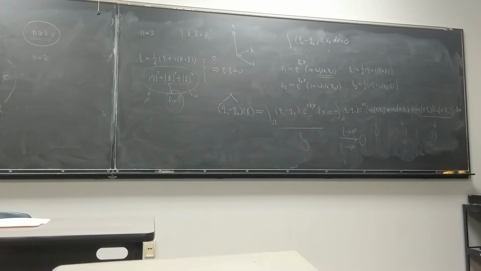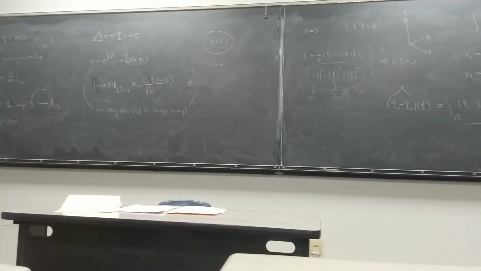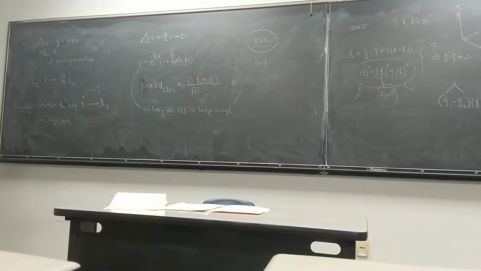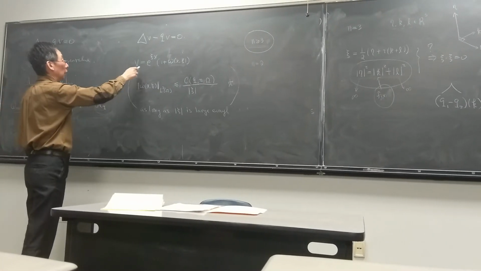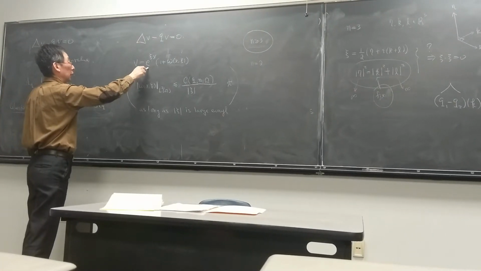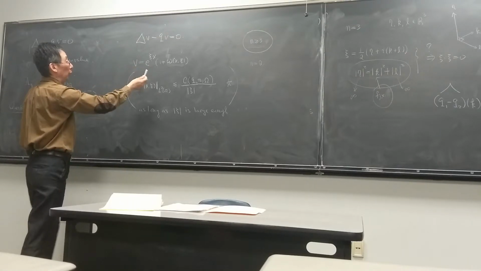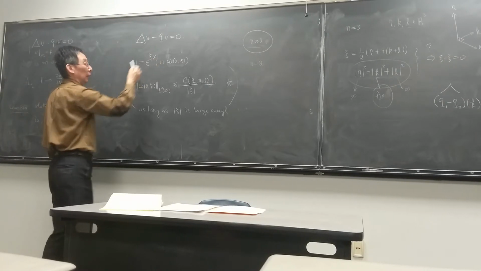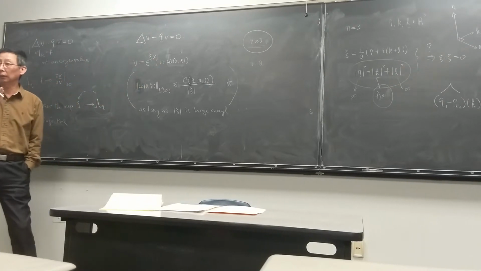So from here you can see the basic idea is very common, because everything is reduced to constructing special solutions. This is not an exponentially growing solution. The reason is that the eta here, C here, is a complex factor.